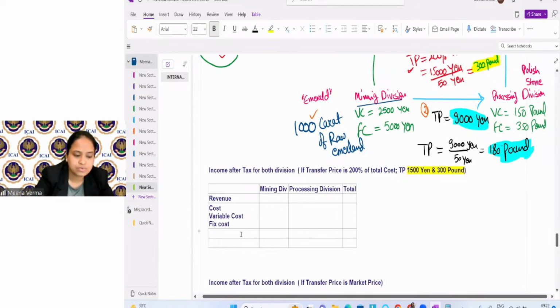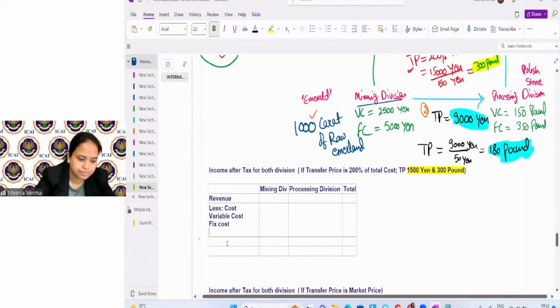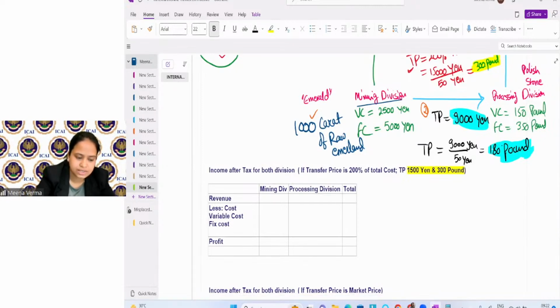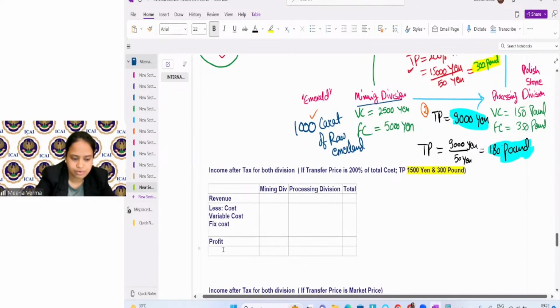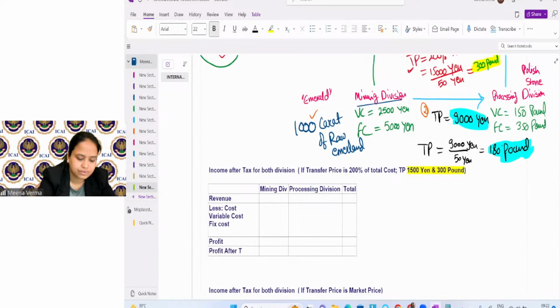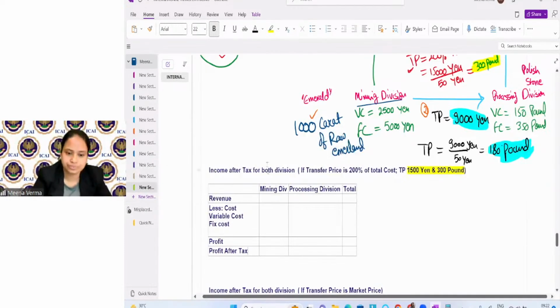Revenue less cost will give you profit. And you have to consider the tax so that you can get profit after tax.